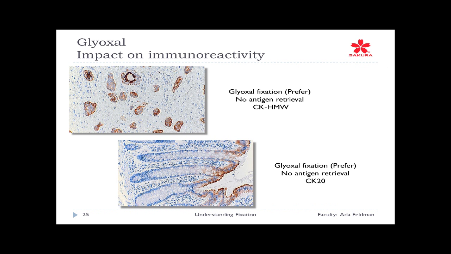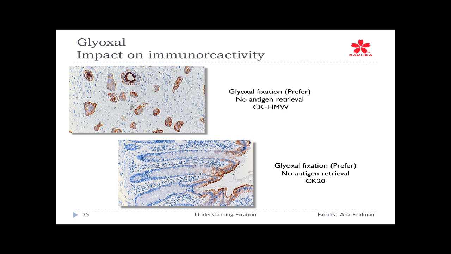So let's take a look at glyoxal and what it does with immunoreactivity. We know with the H&Es it's going to have that superb morphology. Now, here are two slides. Both of these are cytokeratin: cytokeratin high molecular weight and cytokeratin 20. Both of these have been fixed with glyoxal. The fixative is Prefer.